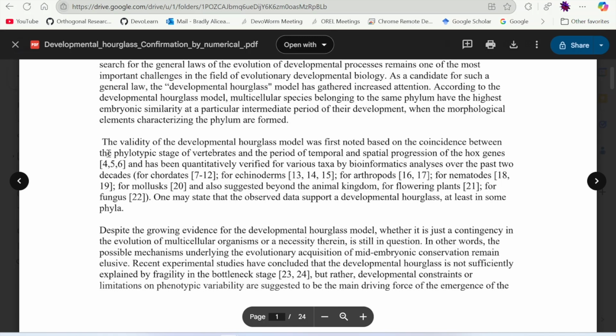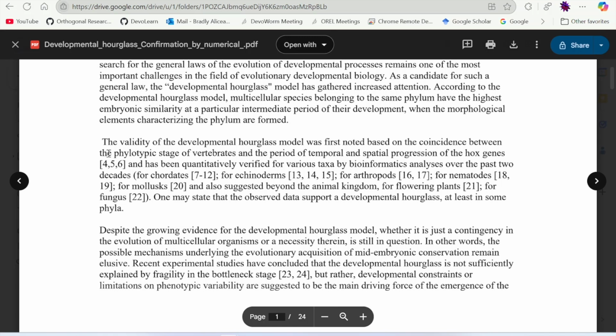This has been characterized for various taxa by bioinformatics analysis over the past 2 decades. We see this for chordates, for echinoderms, for arthropods, for nematodes even, for mollusks, and also suggested beyond the animal kingdom for flowering plants and fungi.